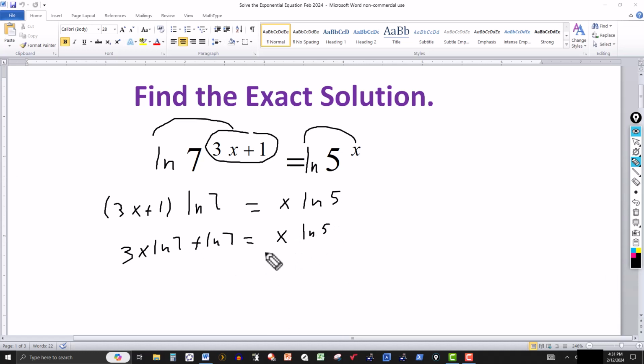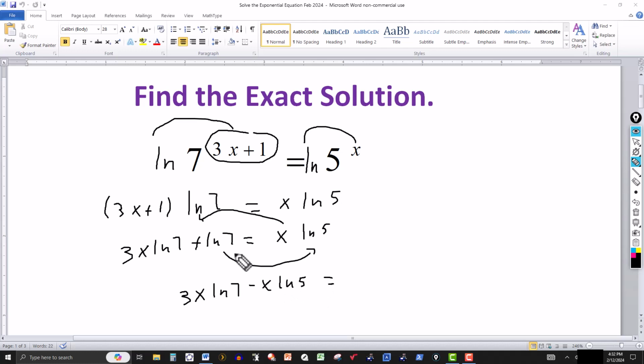Now I'm going to collect the terms with an x. This has an x, this has an x, so this is going to come over and become a minus. The ln of 7 doesn't have an x, so that's going to go over here and change signs. This gives me 3x ln of 7, and then the term on the right comes over, changing the sign, so it'll be minus x ln of 5.